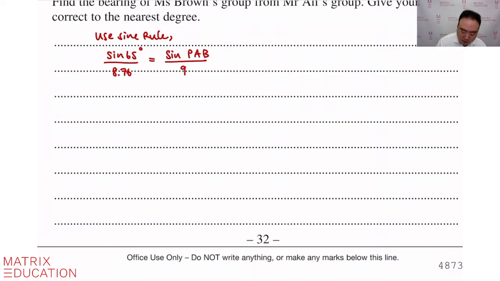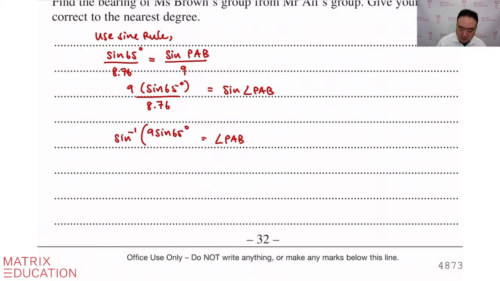So for angle PAB, we have 9 times sine 65 degrees over 8.76, and that's equal to sine of angle PAB. When you calculate this out, we would find that angle PAB is sine inverse of 9 sine 65 degrees over 8.76.